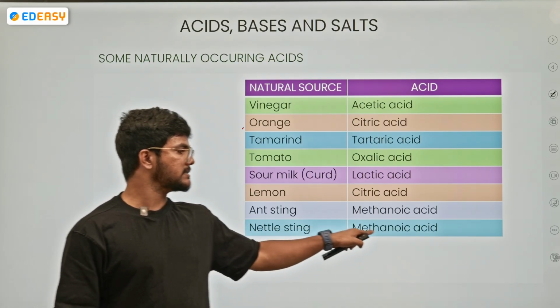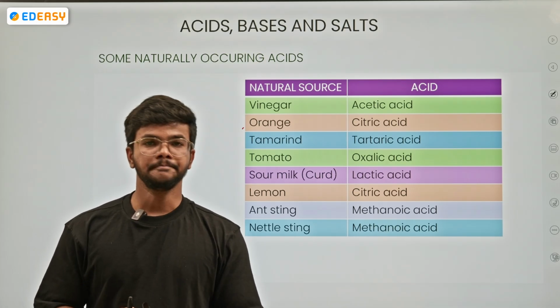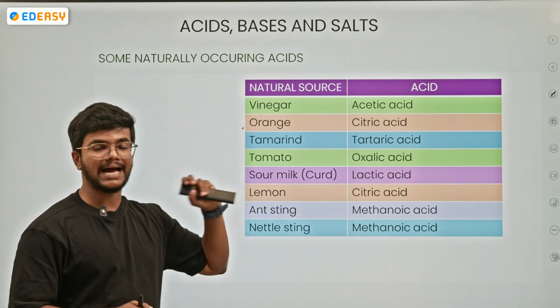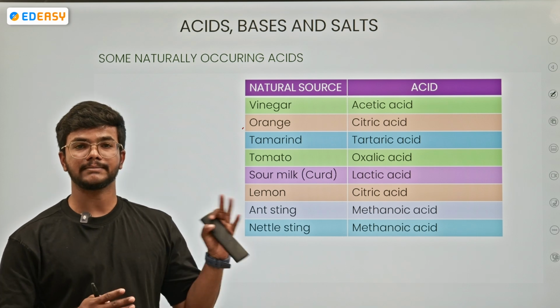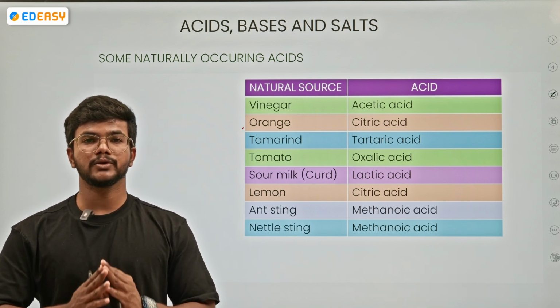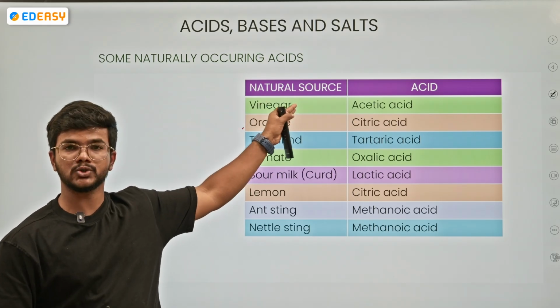Nettle sting also contains methanoic acid, which can be cured with a base. Please note down these acids because they are asked as MCQs in our board exams. Hope you understand the natural sources of acids.